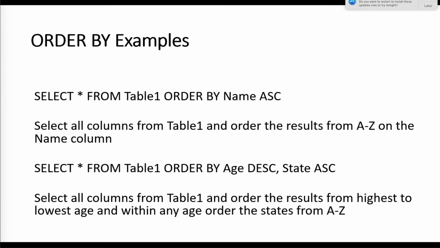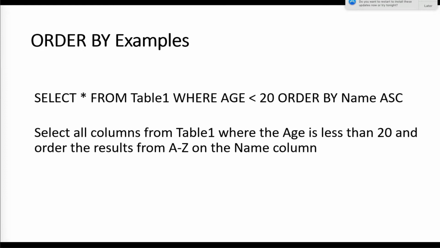So what this does is it would order the results by the age in descending order from highest to lowest, and any time that there were two or more rows with an identical age, it would sort those by the state in ascending order.